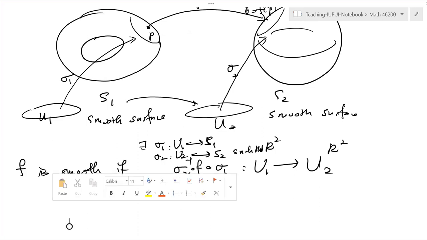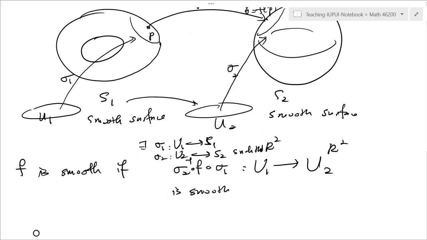Because we can only talk about smoothness of a vector valued function defined on an open set, not on the surface, we have to convert everything to a vector valued function of multiple variables.